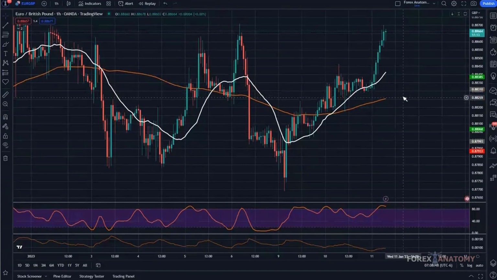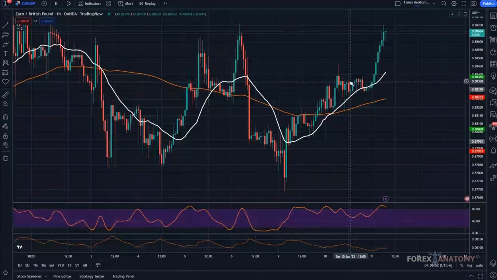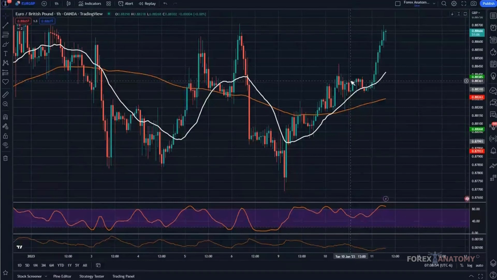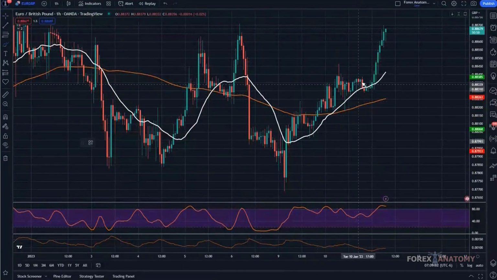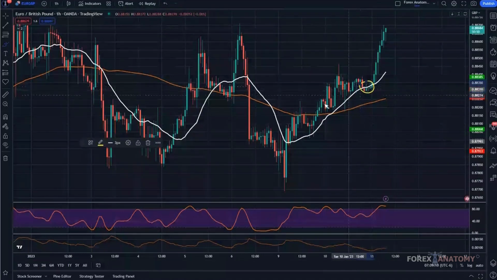So the next thing we have to ask ourselves is, where do we want to buy? And of course, you always want to buy at areas of supply and demand. What we can see is that this area right here was an area of demand. We had balance right here, where there was an equal number of buyers and sellers.